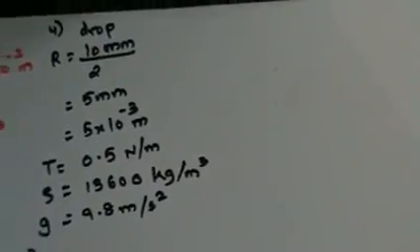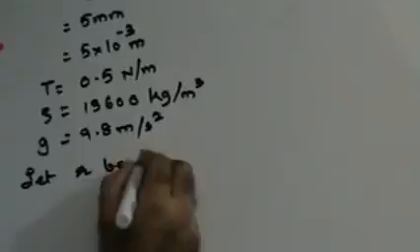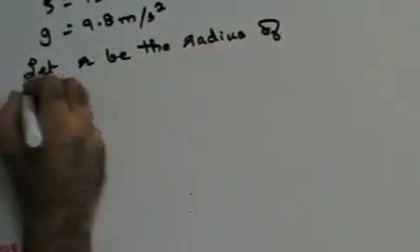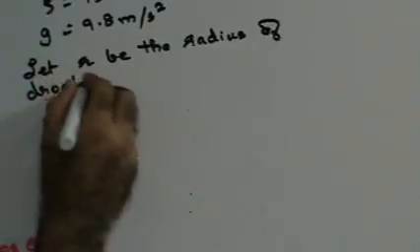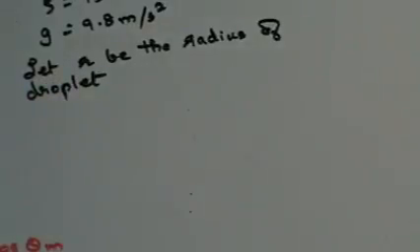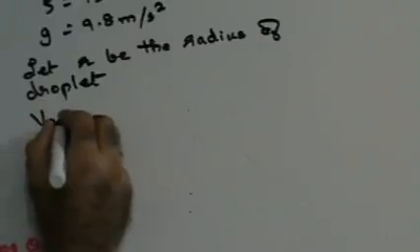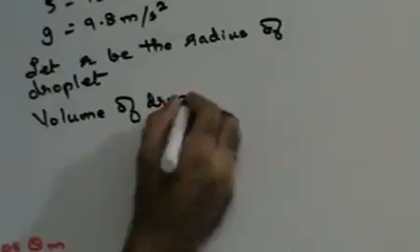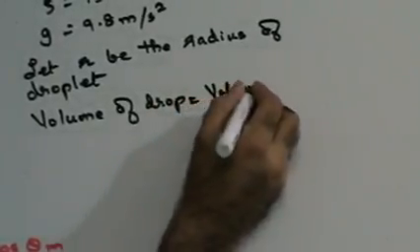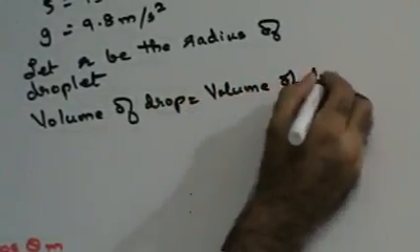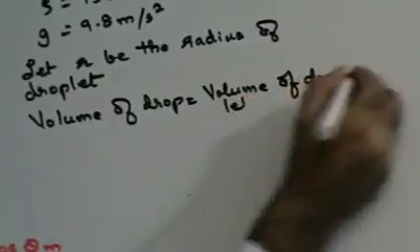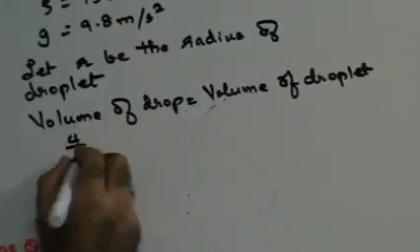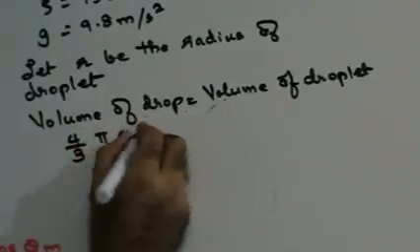Now let us assume that R is the radius of the drop and r is the radius of the droplet. The volume of the drop should be equal to the volume of the droplets. Volume of drop is 4/3 pi R cube.